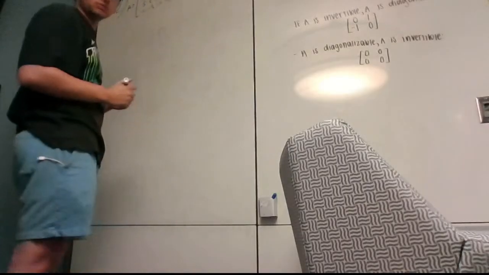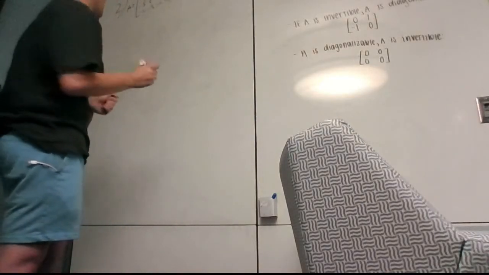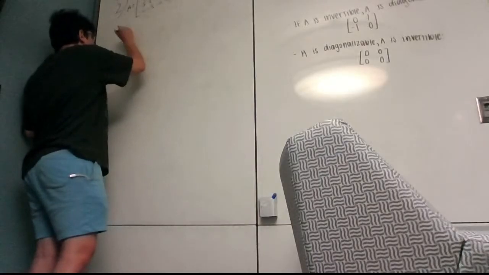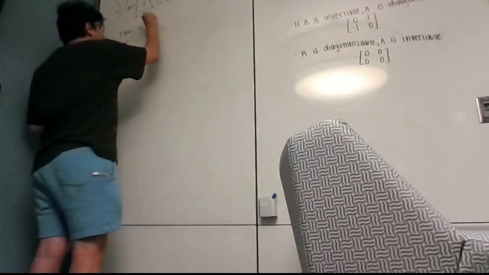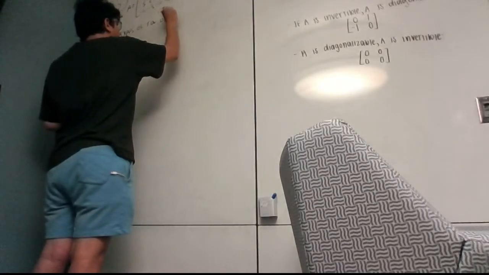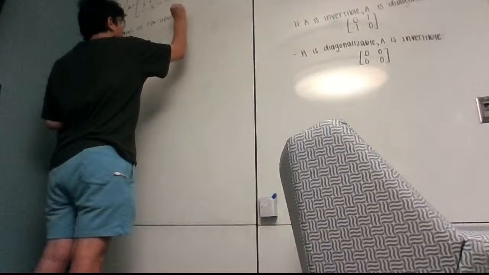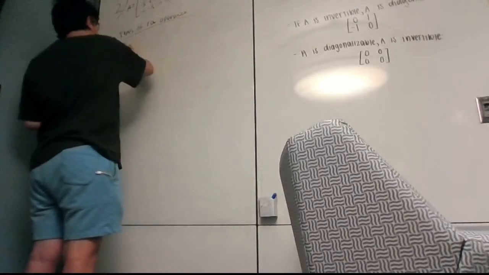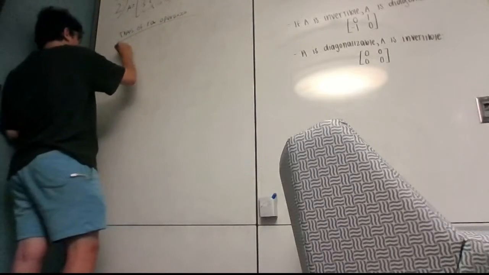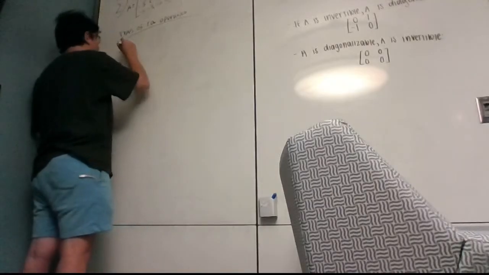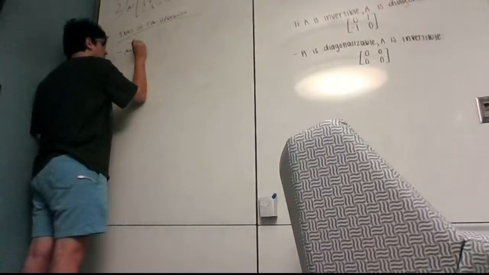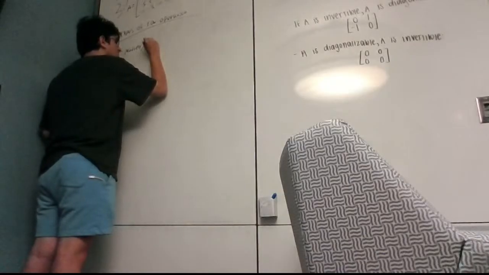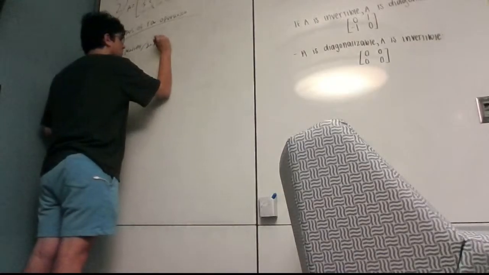So the general types of row operations, if you want to write them down. Types of row operations. Probably don't need to know this for the test, but I'll explain this for the test. But anyways, first one, you multiply or divide the row.